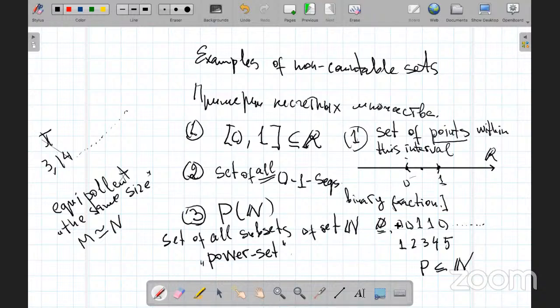reductio ad absurdum. So we assumed that we could somehow list all these sequences in one big list, and then we constructed a sequence which provably was not in that list, right? It was the so-called diagonal argument or diagonal procedure, which is actually very important. Sometimes it's called a diagonal proof, right? And that proved that it couldn't be done, that this hypothesis that we can list, and listing something means establishing a one-to-one correspondence with natural numbers.